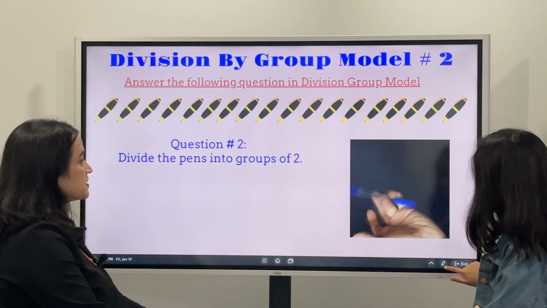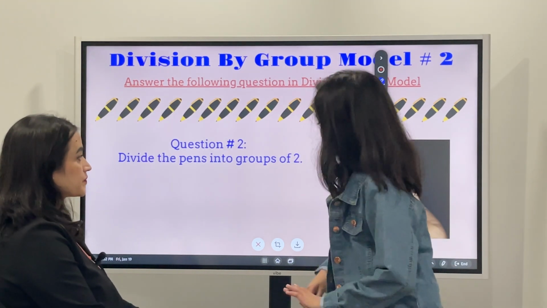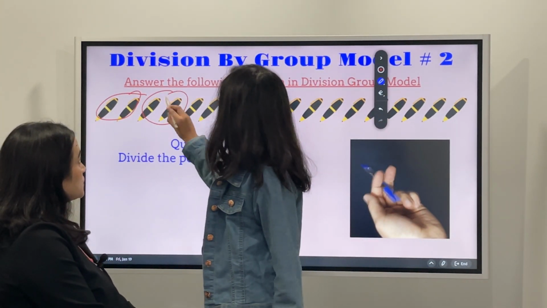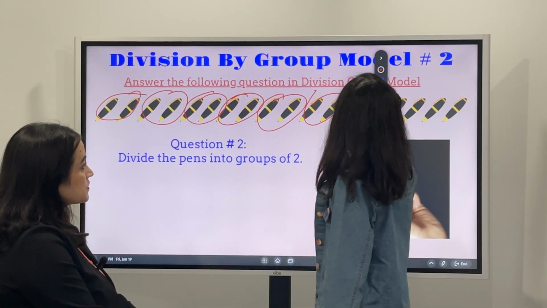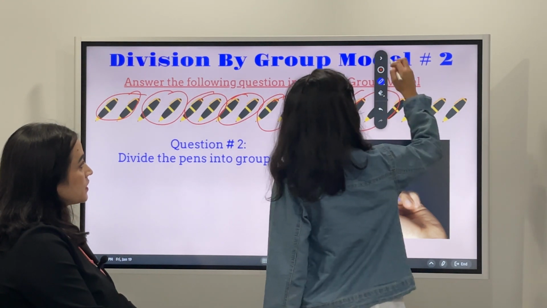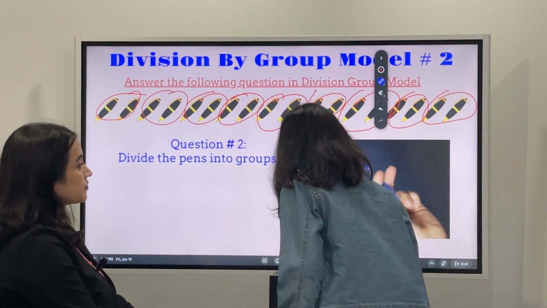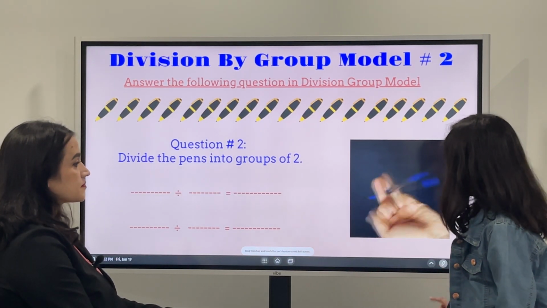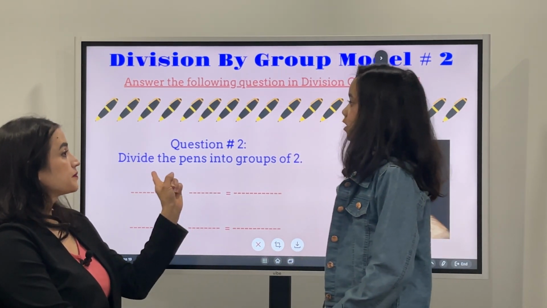Divide the pins into groups of 2. Here, I'll do that. 1, 2, 3, 4, 5, 6, 7, 8, 9. Now say the division sentences. Do you remember how many groups you had?